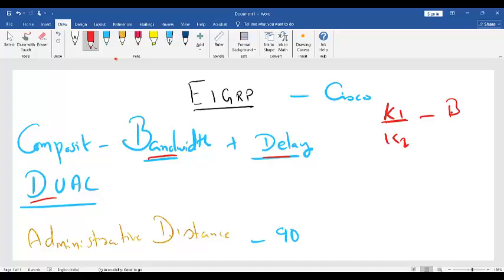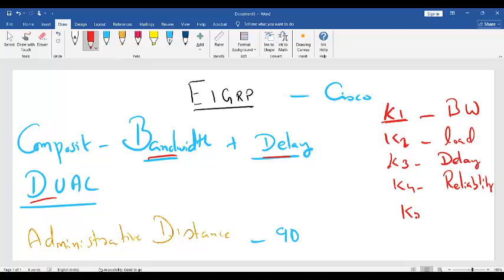K1 is bandwidth. K2 is load. K3 is delay. K4 is reliability. K5 is MTU.